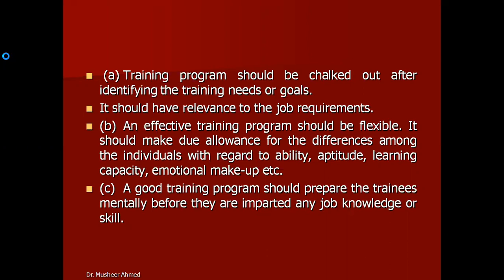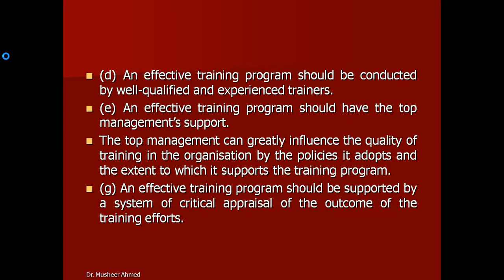The trainer should clarify them and make them feel comfortable, put them at ease, so that when he starts with the content delivery, the trainees are able to grasp it to a higher degree.